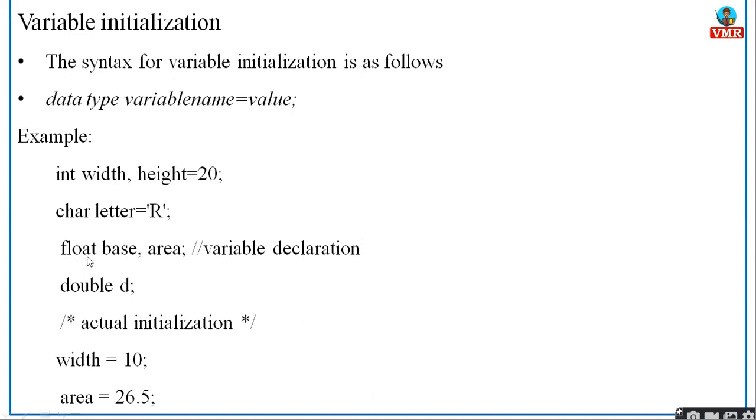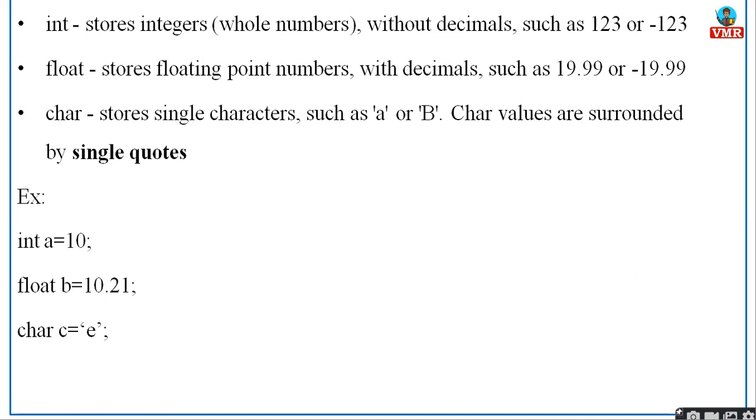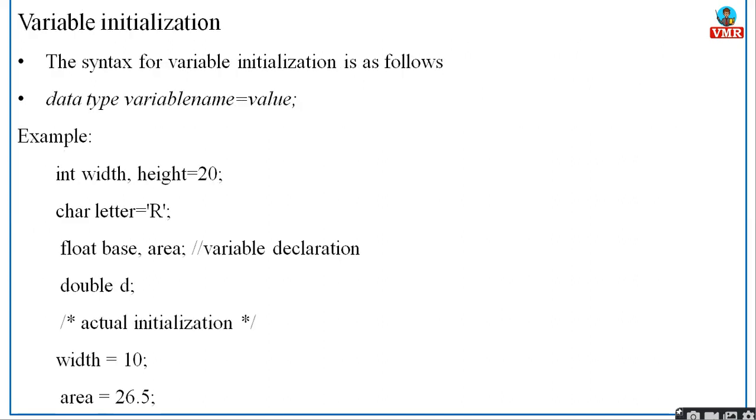And I just simply took float base and area as floating point numbers, right? So this is the variable initialization example, right? So concentrate on what is declaration and what is initialization. In declaration, you will just give data type, variable name. In initialization, you will give the data type, variable name, and also its value, right? So that is the difference between variable declaration and variable initialization.